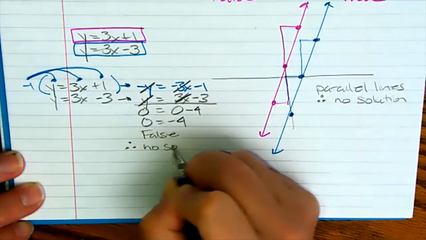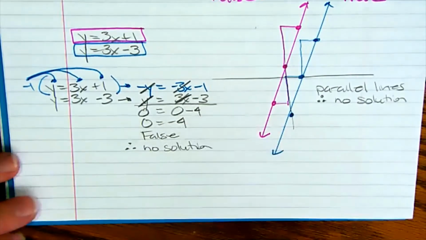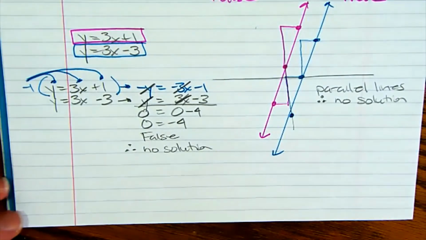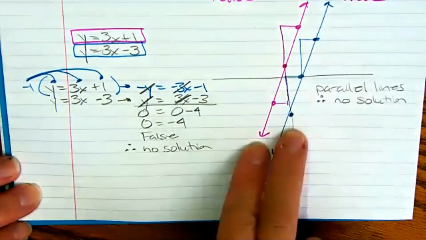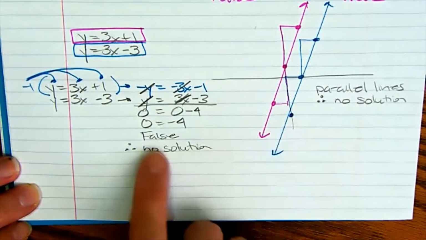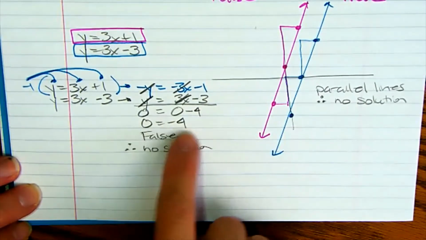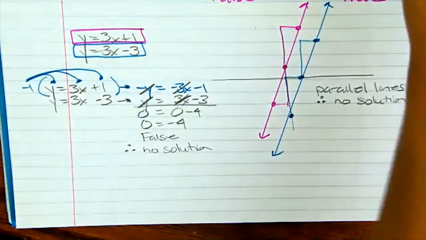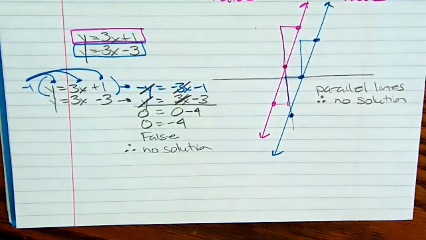Therefore, we have no solution. So this is what a no solution system looks like. It's parallel. Or you end up with a false statement like that. Okay?